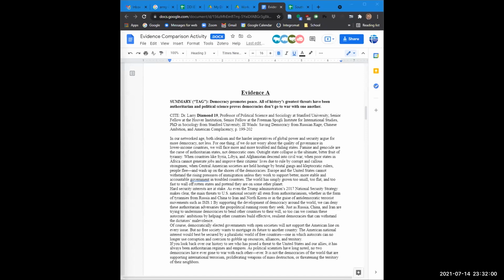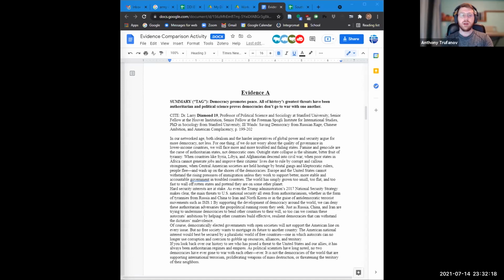But if you look at evidence B, it just wants to attack evidence A without statistics or any examples. So our group thinks evidence A is better than evidence B. That's our reason.